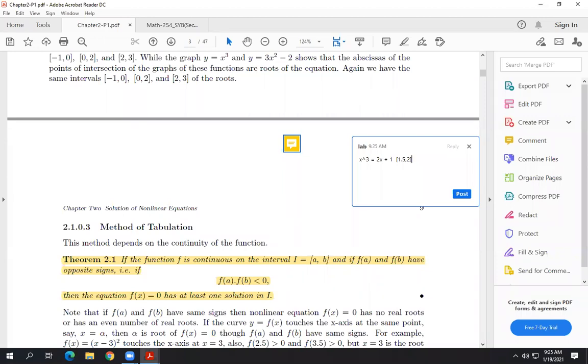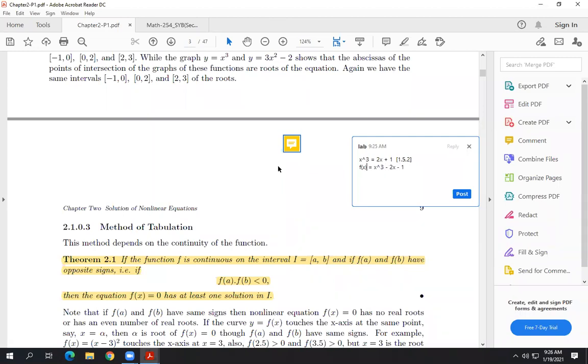The location is given. So how can you check this? First you find your f of x. What is your f of x? Minus 2x minus 1, x cubed minus 2x minus 1. This is your f of x, right?